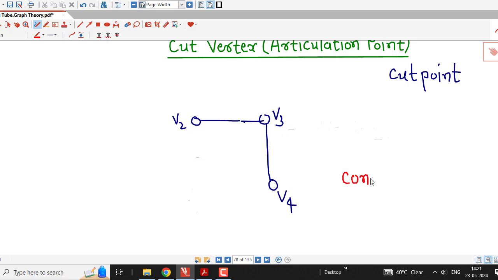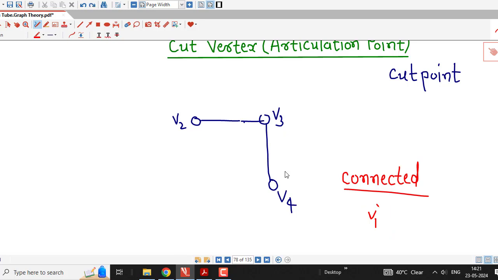So in that case V1 is not a cut vertex, because after removing V1 and all edges incident with V1, we obtain a connected subgraph. So we try for vertex V2.